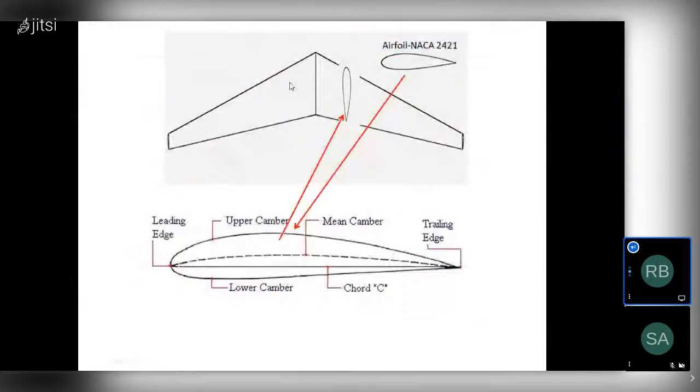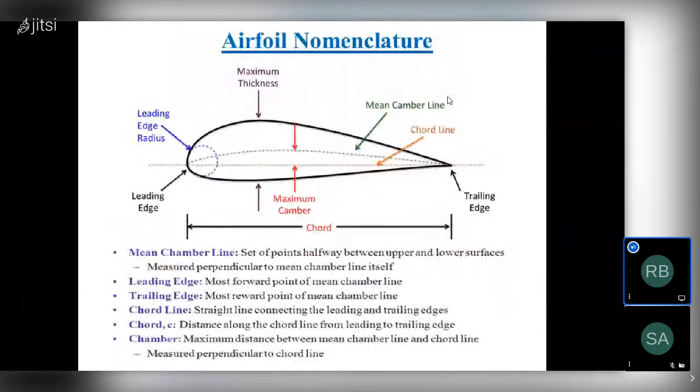Okay, so here I have shown one basic model. By designing the basic model, we have placed the aerofoil, that is the aerofoil NACA 2421. I have placed this aerofoil, and nomenclature was also discussed.